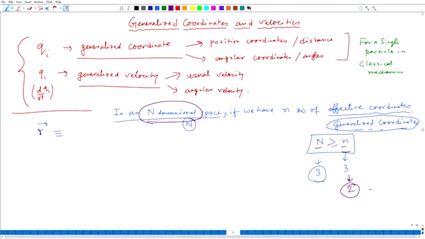Then finally, the effective or the necessary coordinates which are independent of each other will be small n in number, and so small n is equal to capital N minus k, where k is the number of holonomic constraints.